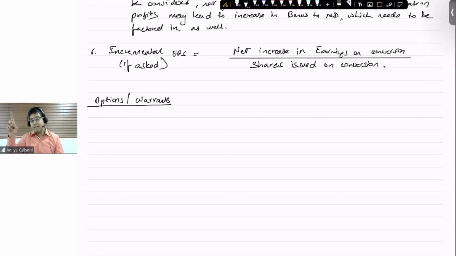We will not consider the shares on which full value is going to be received. See, I am giving an option to buy 100 shares. 100 shares won't be potential because against those 100 shares they are definitely going to give me some consideration. Your existing shares are already converted to potential shares.